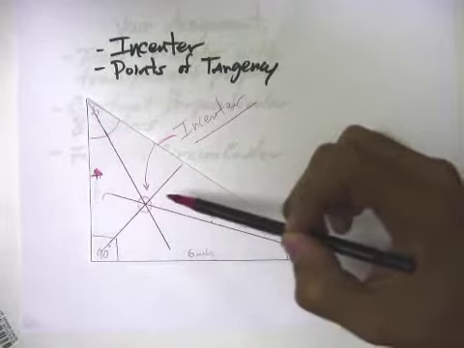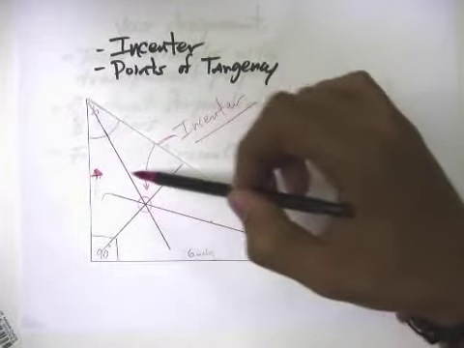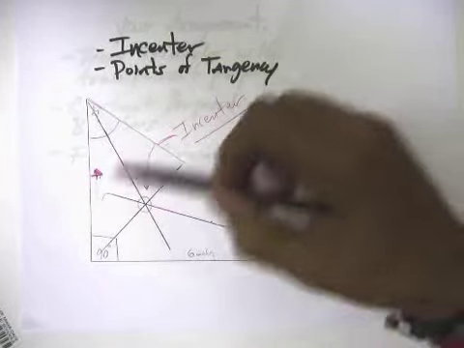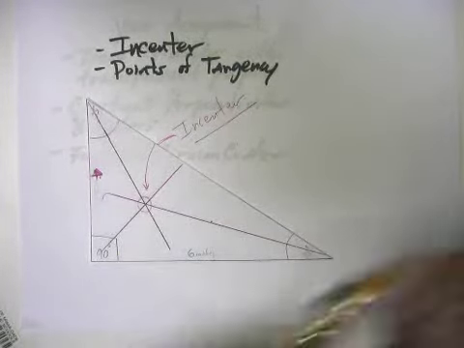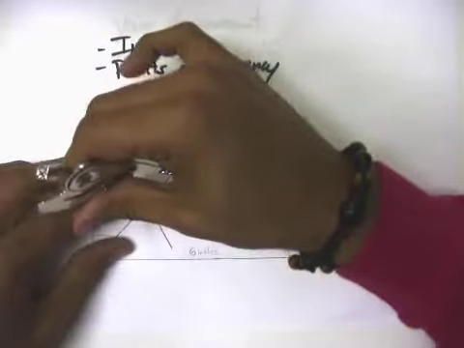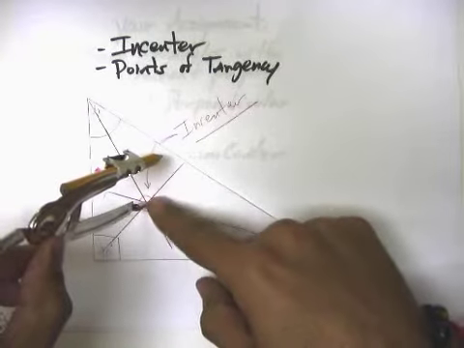Well, if the incenter is equidistant, excuse me, it's not equidistant from the sides. I'm sorry, the angle bisectors. You know what? They are equidistant from the sides, and I'm going to prove it to you right now.